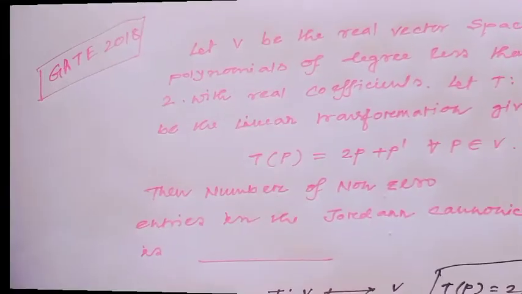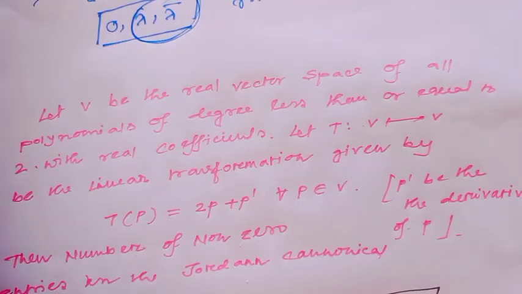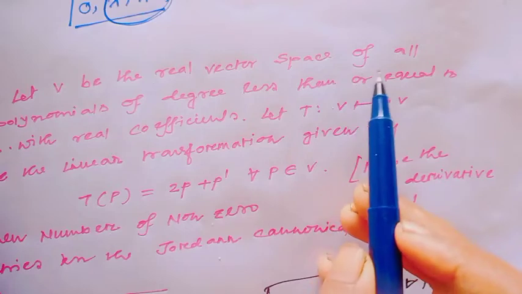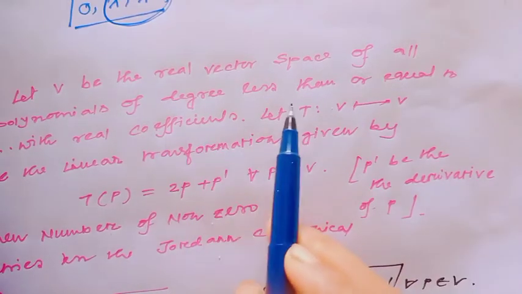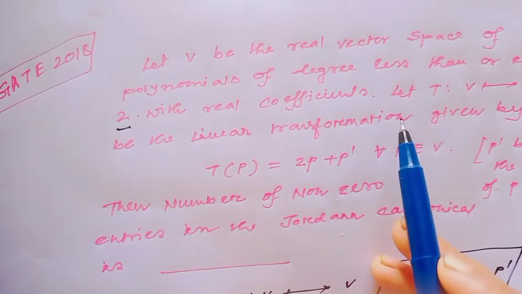Now I will say one question which had come in GATE 2018 exam. The question is, consider V, a real vector space of all polynomials of degree less than or equal to 2 with real coefficients.